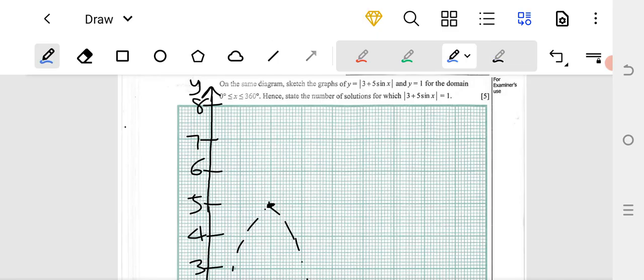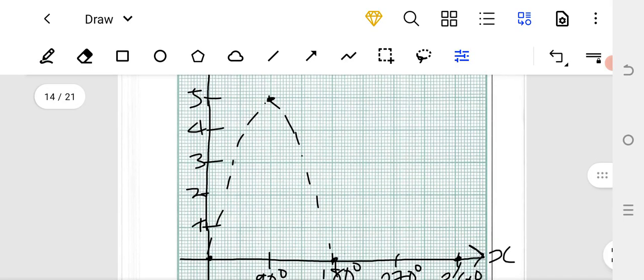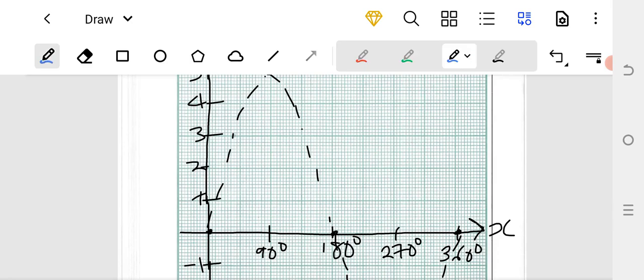Instead of it going to 5, it's going to go to 8. Here of course there's a 0, but instead of 0 being there, it's going to be at a 3. That will be our new 0. So our graph is going to start from here, then go to 8, and then come back here.